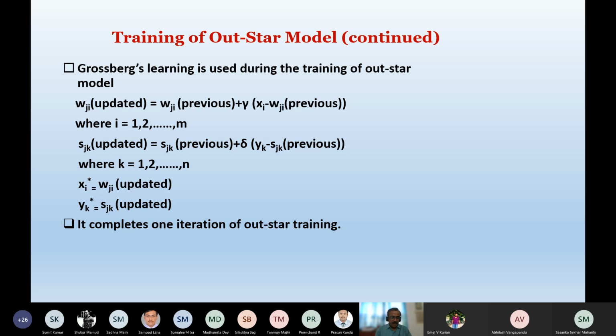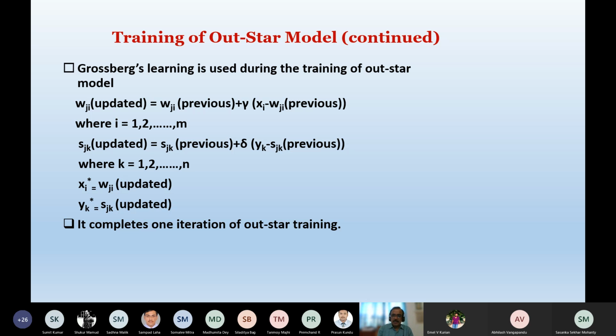The updated weight, WJI updated, is nothing but WJI previous plus gamma into Xi minus WJI previous. Here I varies from 1 up to small m. Then SJK updated is nothing but SJK previous plus delta into YK minus SJK previous, and K varies from 1 up to N, that is the total number of responses.